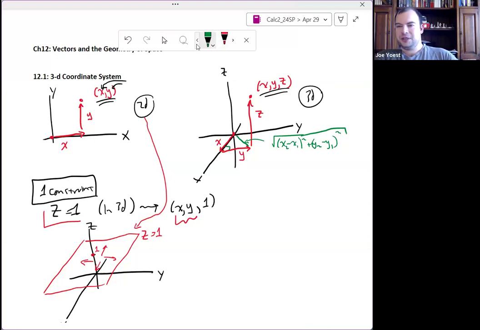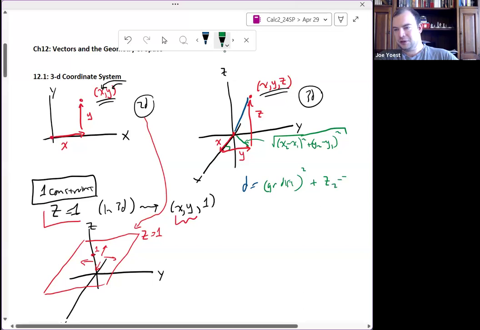And then I would be interested in finding this distance from the point that I started at to the point I end at. I want to find the blue distance. That's what I wanted to find from the beginning. I find the green distance to begin with, and then the blue distance is the green distance squared plus my height, z2 minus z1 squared, and that's under the square root, right?